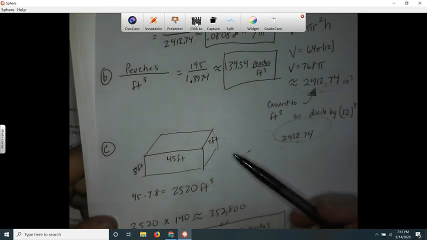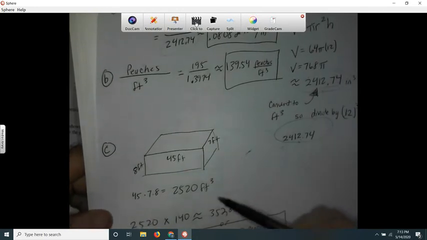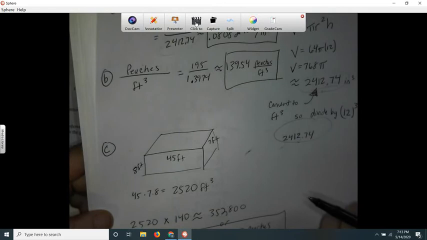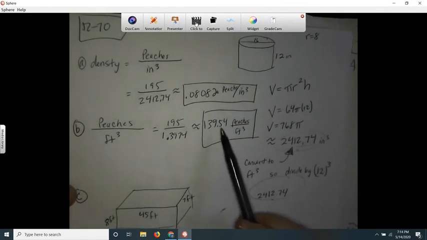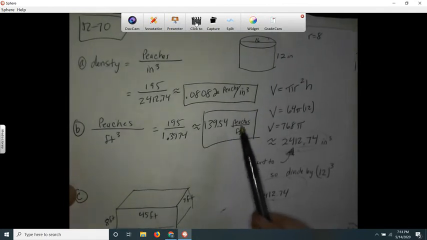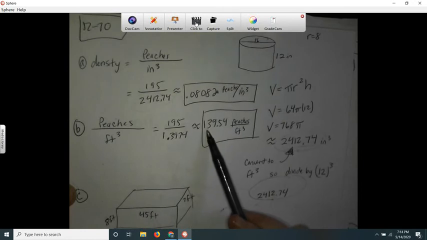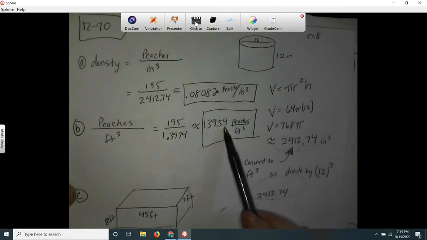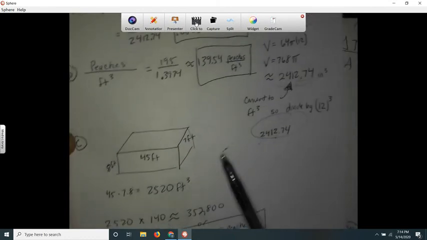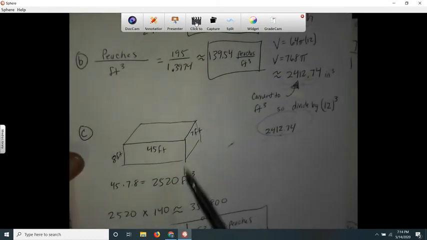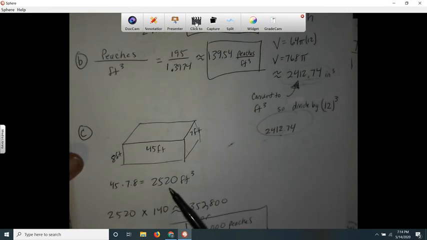I already know how many peaches fit in a cubic foot. Sorry, they're not apples, they're peaches. For every cubic foot I can fit 139.54 peaches, and I've got this many cubic feet, so I multiply these two numbers together.